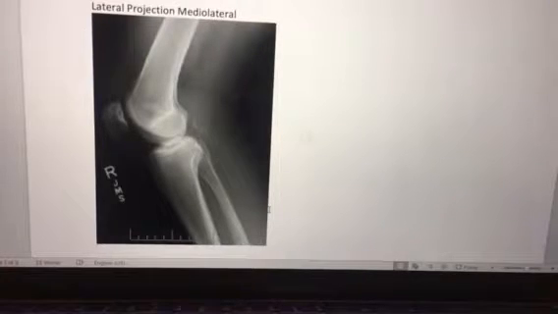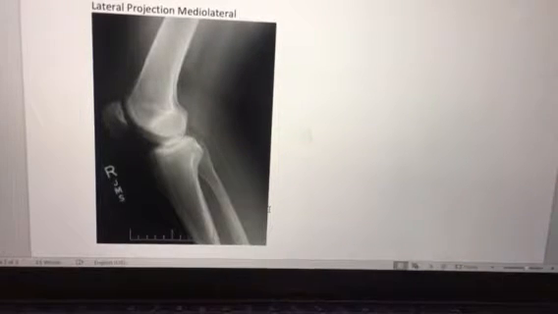And you want to flex your knee 20 to 30 degrees. You would want the fibular head and the tibia slightly superimposed. You want your patella in a lateral profile, an open patellofemoral joint space, open joint space between the femoral condyles and the tibia.